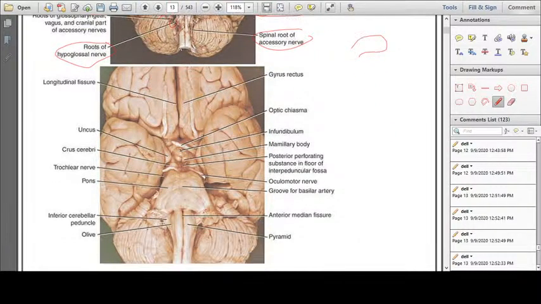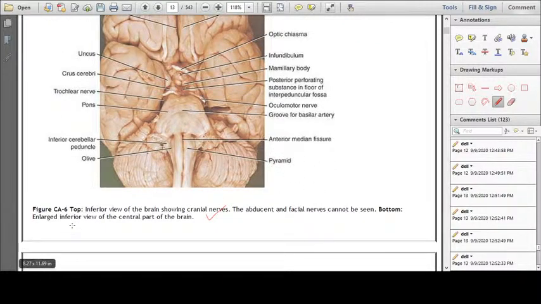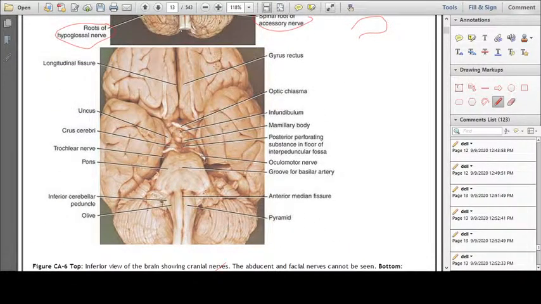Next figure, this one is a closer view of the inferior view of the brain. We could always see the olfactory bulb. This one is the longitudinal fissure, and lateral to it is the gyrus rectus on both hemispheres.